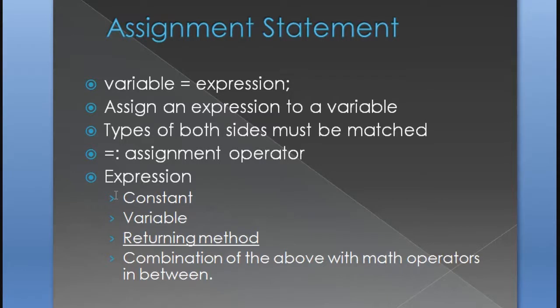An expression can be a constant, which is a number, true, false, or a character; a variable, like int x is equal to y, where y is something else you assigned; a returning method, which is underlined because we'll go into that a few slides later; or a combination of the above with math operators in between, like int x is equal to 3 plus 5, int y is equal to 3 divided by 2, stuff like that.